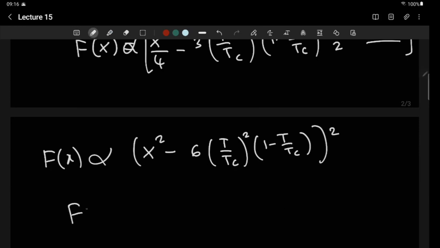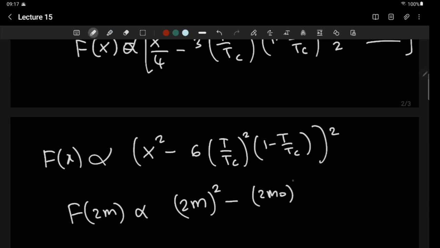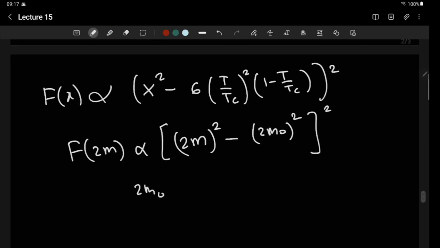F of 2m is proportional to 2m whole square minus 2m naught square whole square, where I'll define 2m naught to be this object: 6 into T by Tc whole square into 1 minus T by Tc.